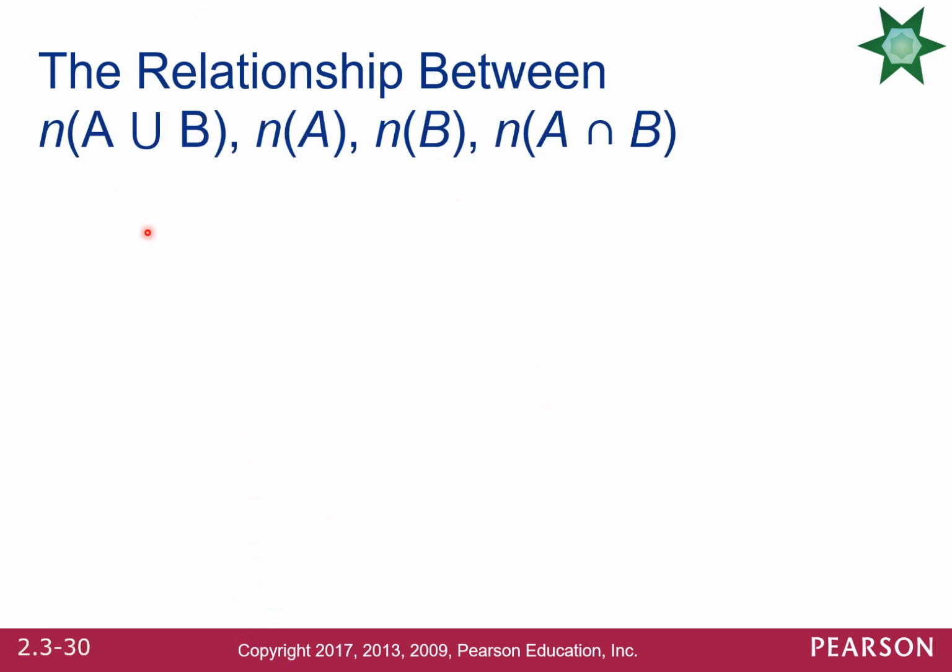So now we are going to see if there's a relationship between the number of elements in A union B with the number of elements in set A, the number of elements in set B, and the number of common elements between A and B. So recall that the set A union B is a combination of the elements in set A with the elements in set B, with the common elements represented only once, right?